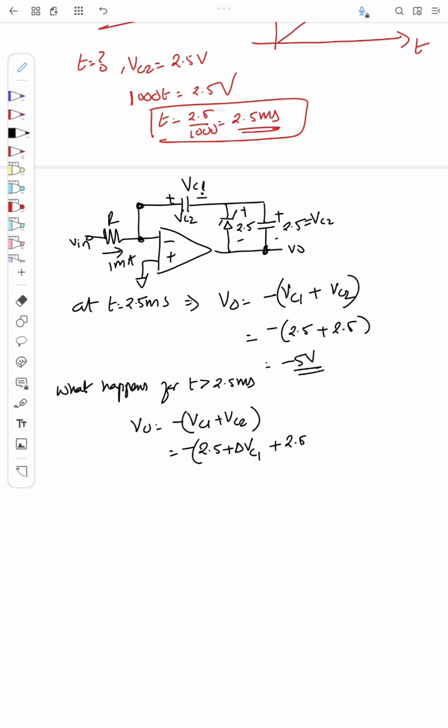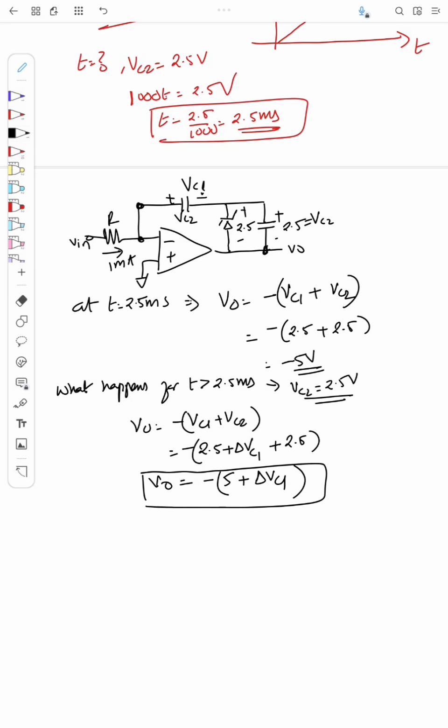VC2 is 2.5 volt itself, because the Zener diode has attained the breakdown, right? So we can write it as minus 5 plus delta VC1. That is V0 for t greater than 2.5 millisecond.